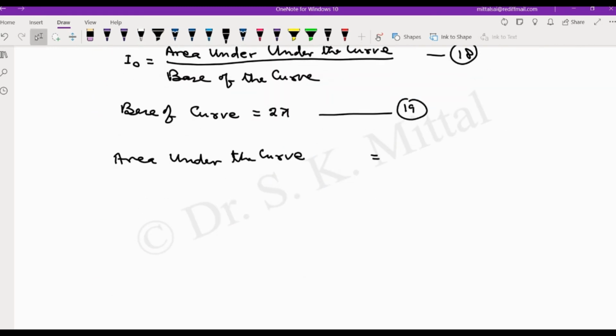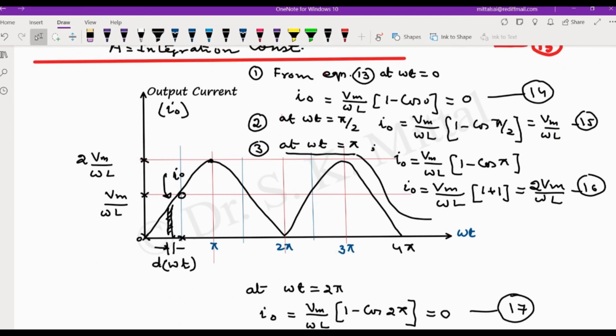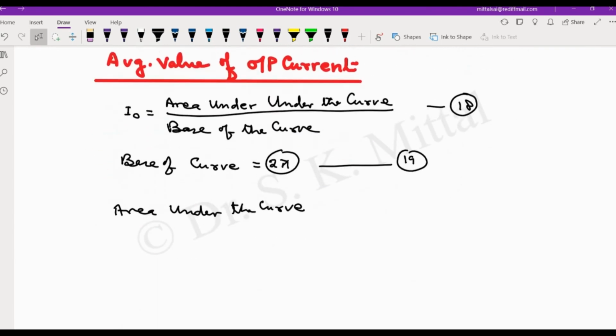So area under the curve is calculated for this base of 2 pi by first calculating the area of this strip. Area of this strip means height of this strip is considered I0 and thickness is d omega t. So therefore what is the strip area?